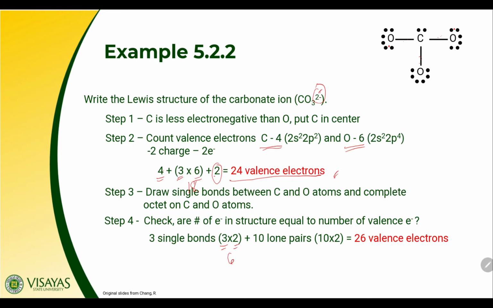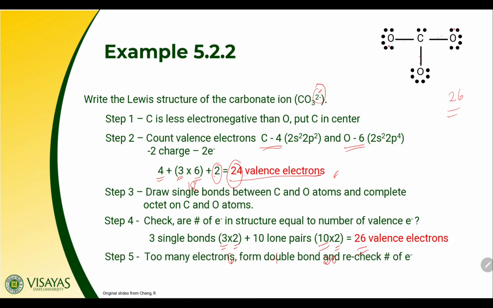Then we have 10 lone pairs, and each pair has, of course, 2 electrons. So 10 times 2 is 20. Therefore, the total number of electrons in the structure is 26. However, the computed valence electron is only 24, meaning there are too many electrons in the structure.